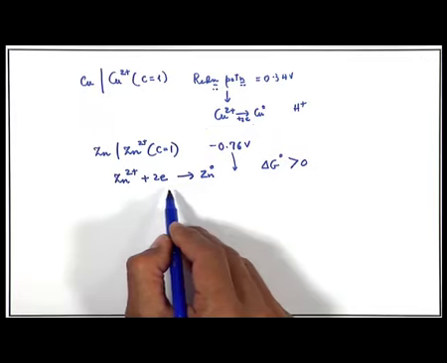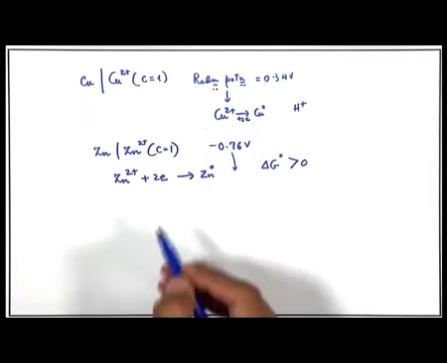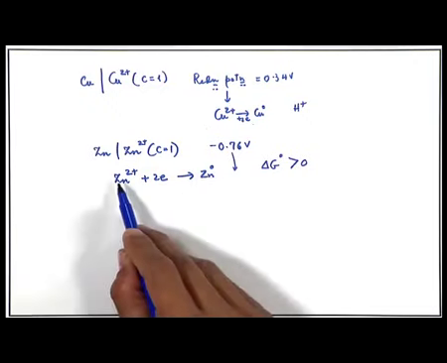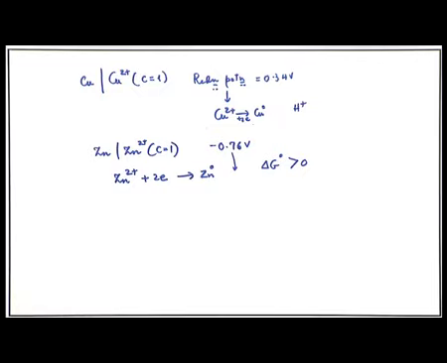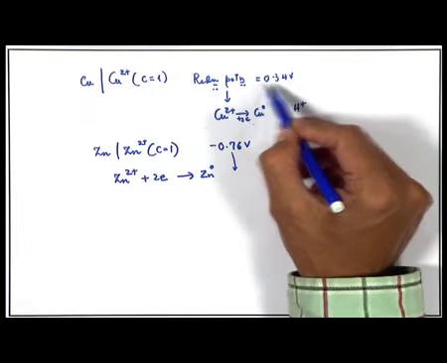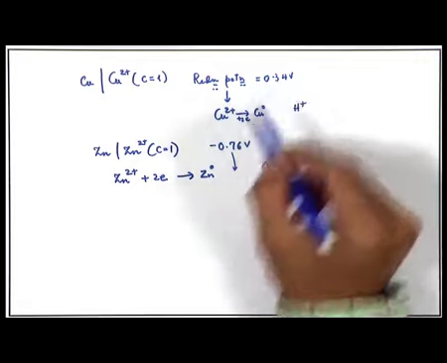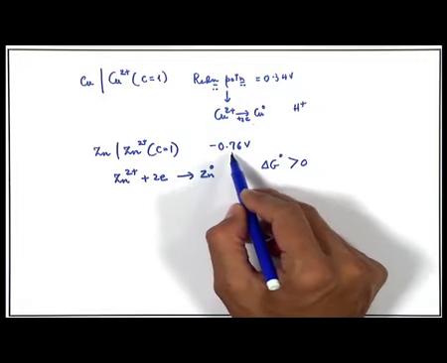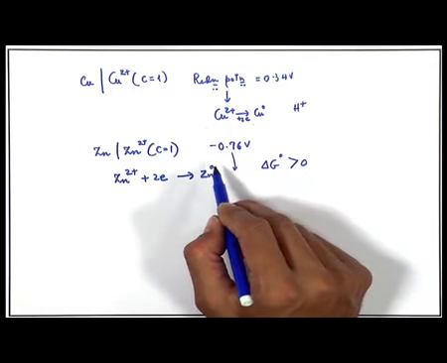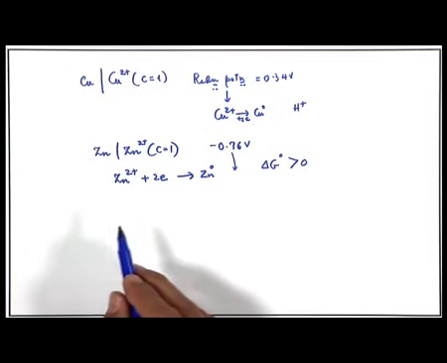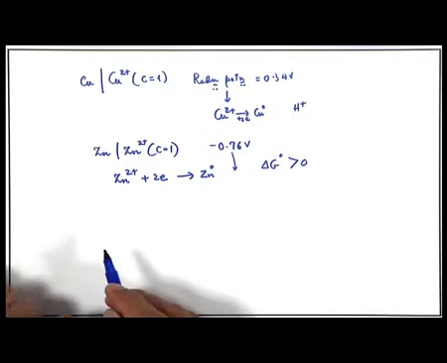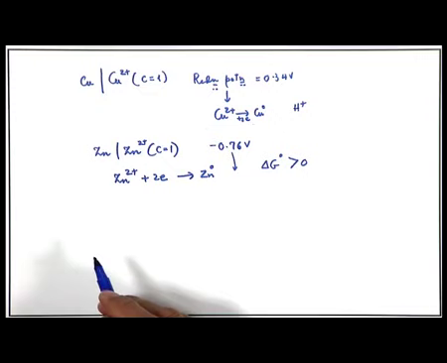Zinc will reduce H+ to hydrogen, or in other words, in acidic condition zinc will be oxidized to zinc 2+. Considering all that, the copper reduction potential is plus 0.34 and the zinc reduction potential is minus 0.76, so we put the copper electrode as the right hand electrode and the zinc electrode as the left hand electrode, as I have already shown you in the representation of the Daniell cell.